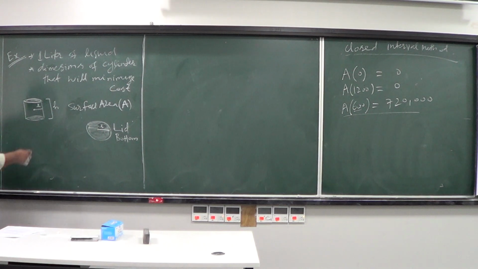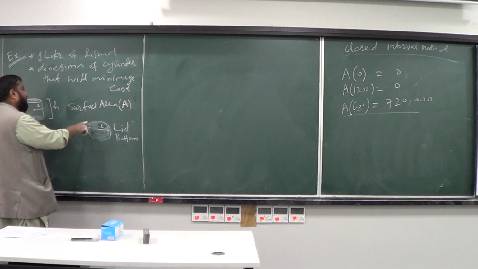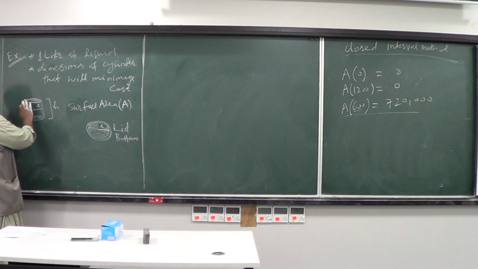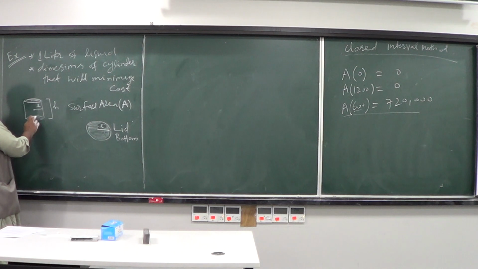Now, what should be the area of this? The surface area of the cylinder is going to be the surface area of the top, the surface area of the bottom, and the surface area of the body.